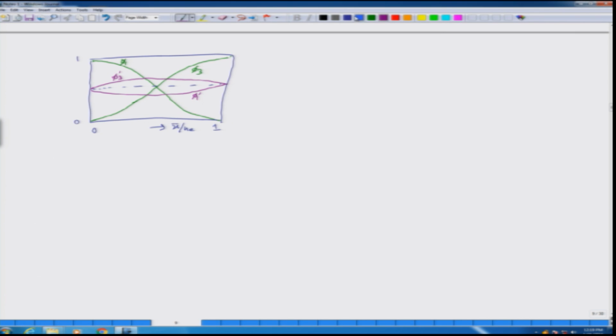And then we will draw another set of curves for phi 2 and phi 4. So, that is my normalized x axis, maximum value is 1, minimum is 0. So this is minus 1 and the slope of phi 2 is minus 1.